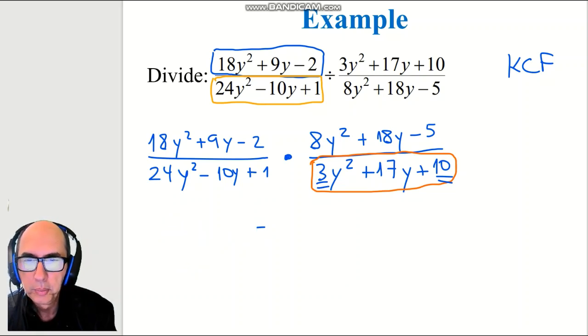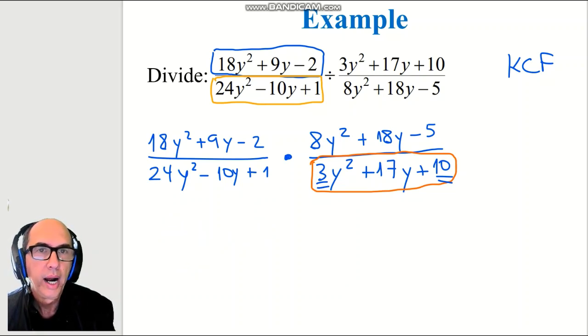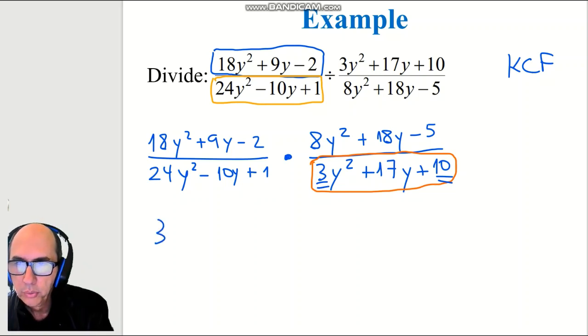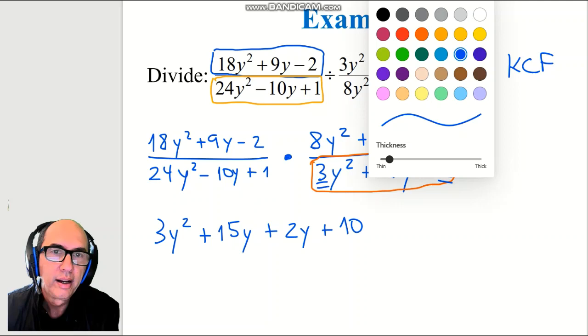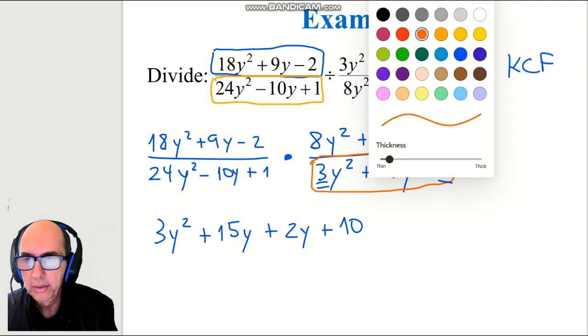Just erase this. We're going to need some space. Write down 3y squared. Only this denominator. 3y squared plus 15y plus 2y plus 10. And remember the factoring by grouping we did before.